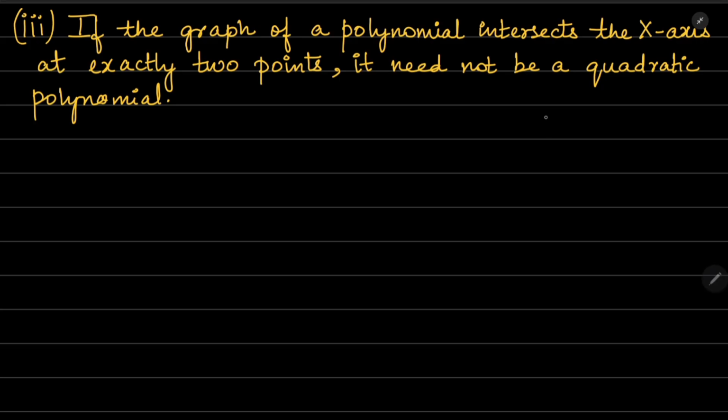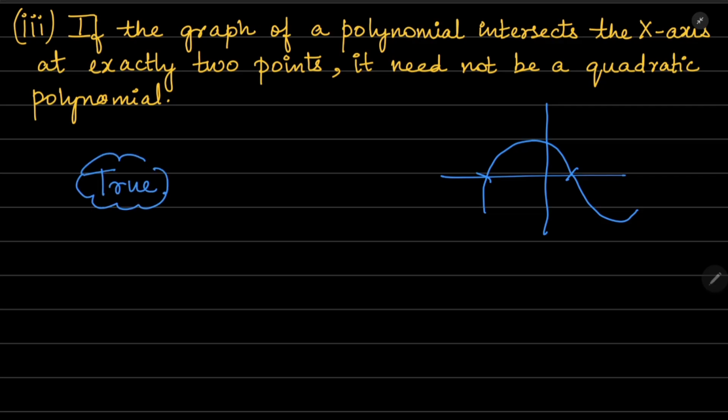Whenever the graph of a polynomial intersects the x-axis at exactly 2 points, it need not be a quadratic polynomial. So it is true. It may be a quadratic polynomial, it may not be. The answer is true. Why?